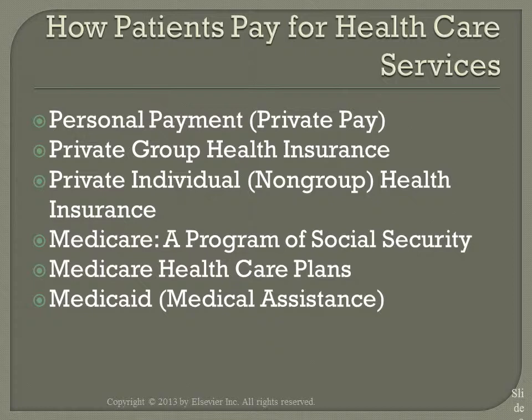Young and healthy people generally subsidize or support financially the sick and older people in the health insurance group. Those who are likely to have high medical bills are often denied coverage. Administrative costs of private health insurance can run up to 31% of the premiums.